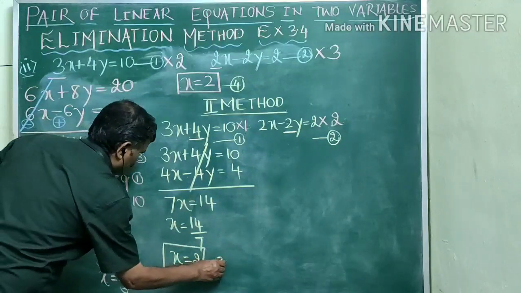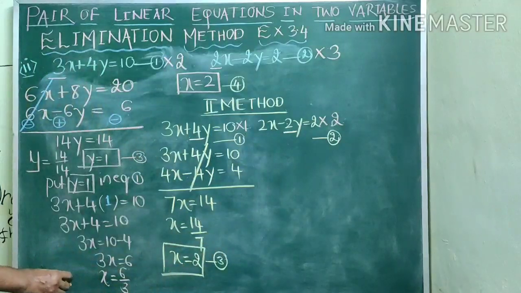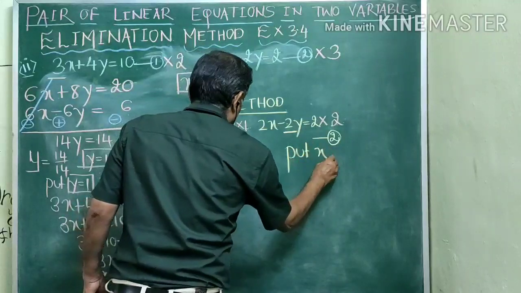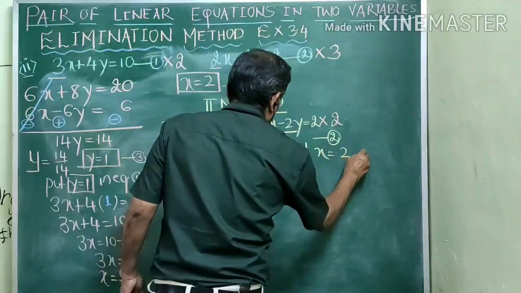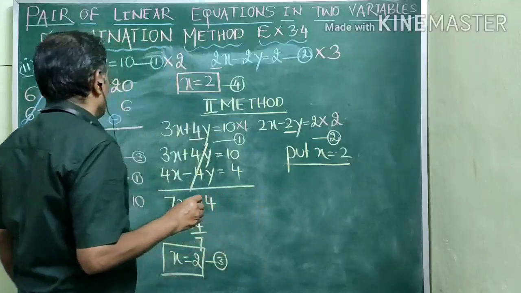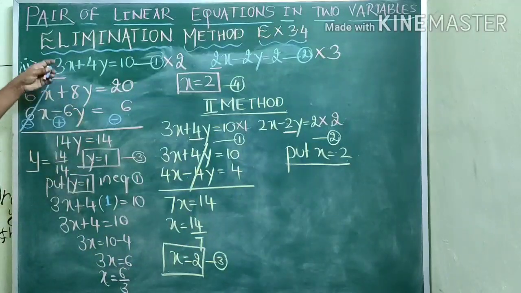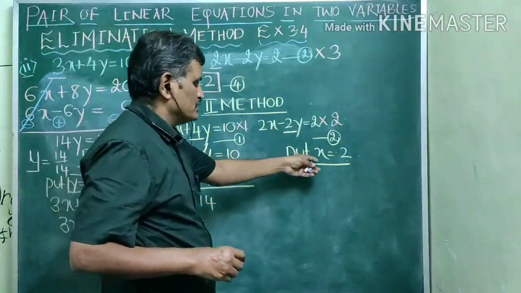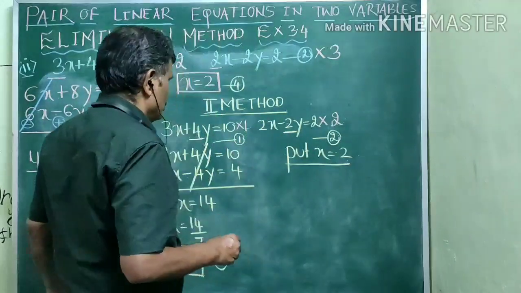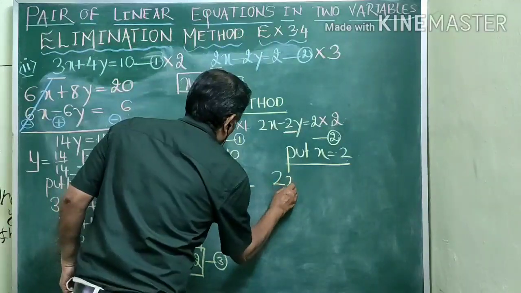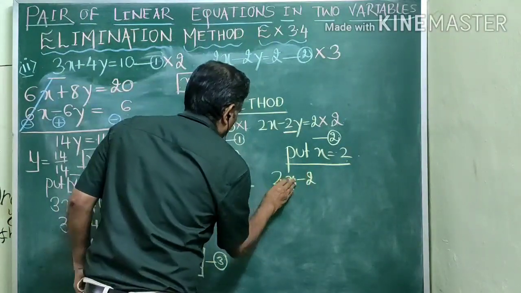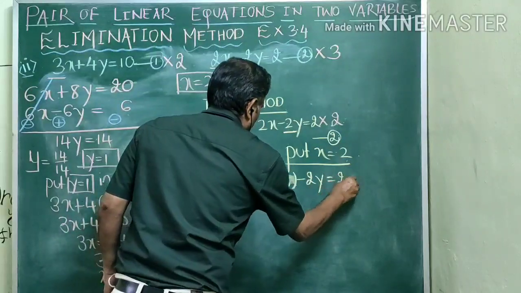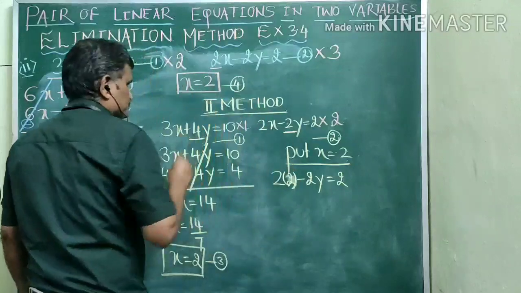This I can call the third equation. Now put the value of x. Put x equal to 2. Last time, if you remember, I put the value of y as 1 in the first equation. This time, I'll put this value of x as 2 in the second equation. So what I'll get here is 2x minus 2y is equal to 2.